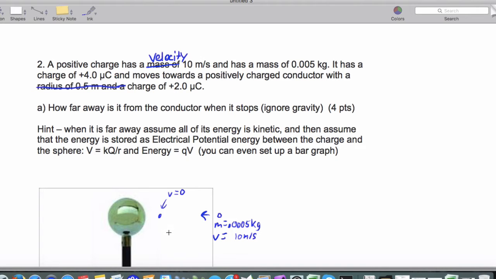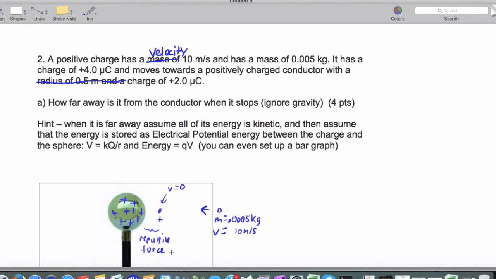It's because of this positively charged sphere and the fact that this little charge here is positive and there is a repulsive force. Okay. That's the idea.